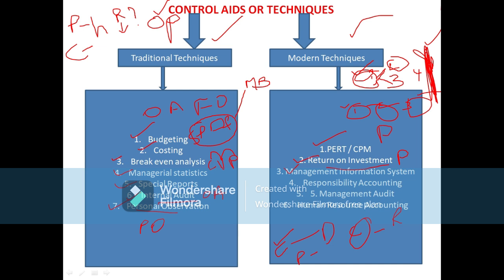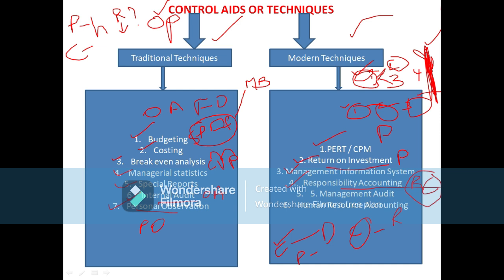Now coming to responsibility accounting. This is a part of the management accounting system. Under this system, the organization is divided into responsibility centers, or divisions, and each center is headed by a responsible person for achievement of the target set for his center. Costs are assigned to responsibility centers instead of products.